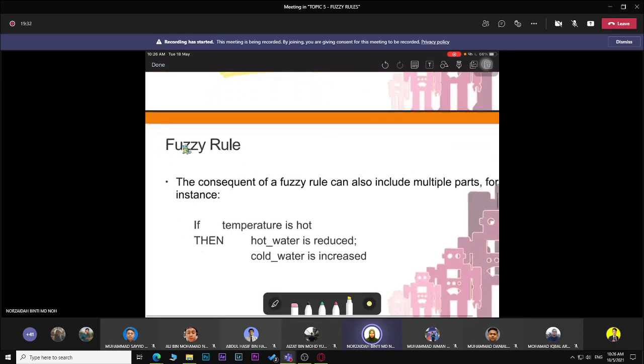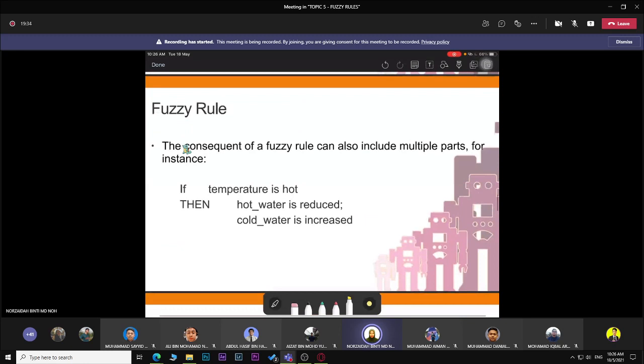Okay. So, fuzzy rules can also have multiple consequences. Right? Contoh, if temperature is hot, satu je antecedent temperature is hot, tapi ada beberapa yang dia akan fire. Sebab kadang-kadang satu antecedent akan menyebabkan beberapa consequences berlaku.